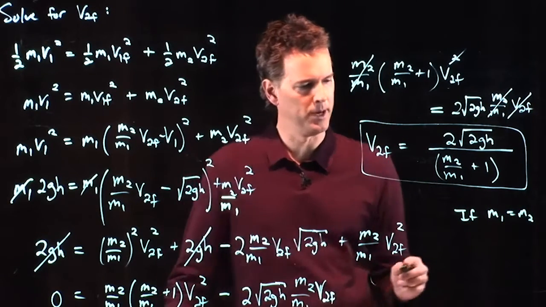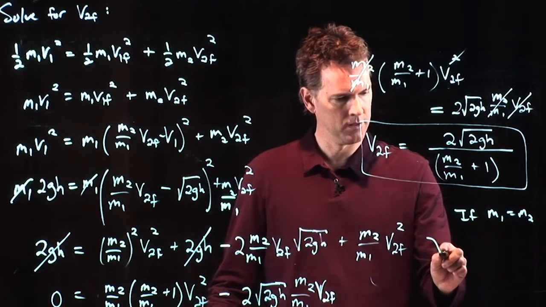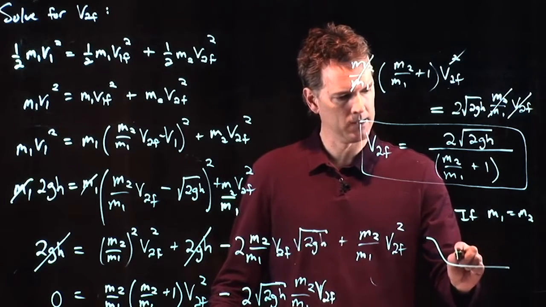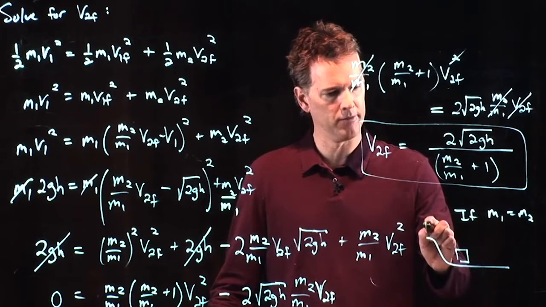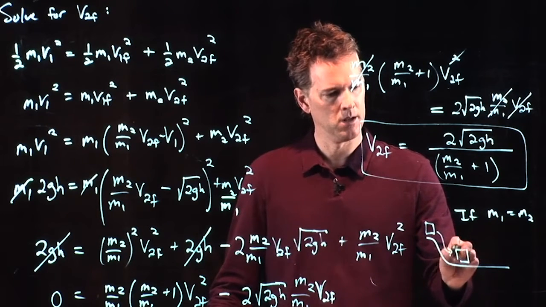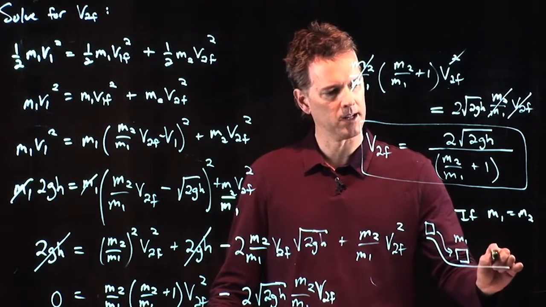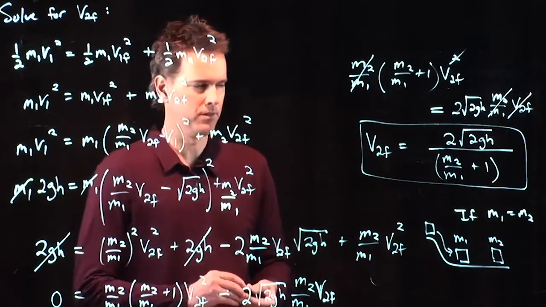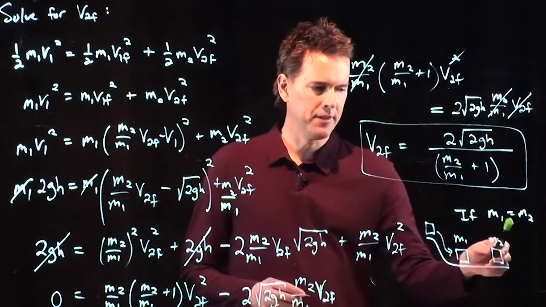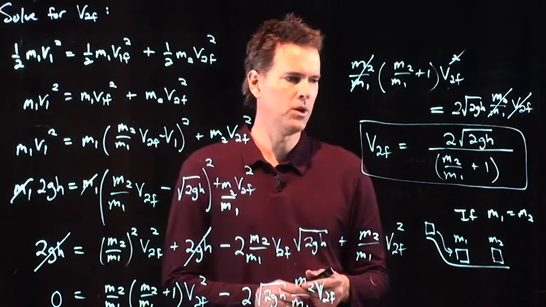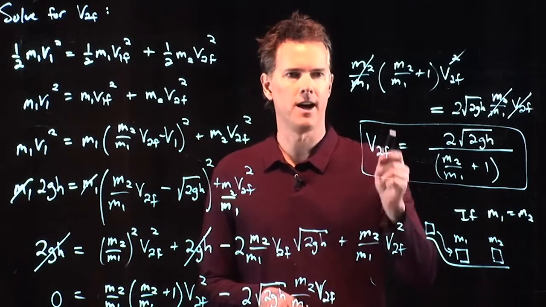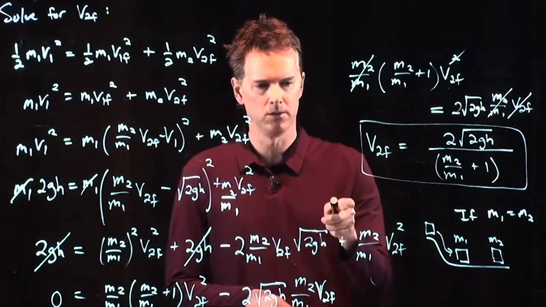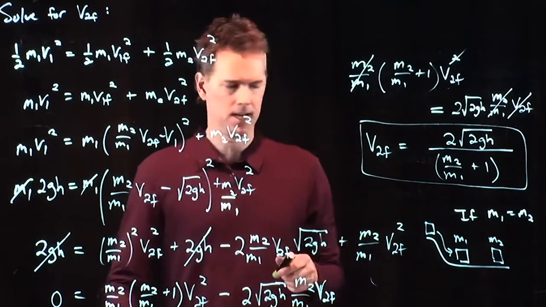and let's go back to our picture for a second, right? We had a block that was sliding along. It fell from a height h. And then it's going to collide with m2, which is at rest. If m1 is equal to m2, what do we get for our final speed of the block 2? Ty, can somebody hand the mic to Ty?